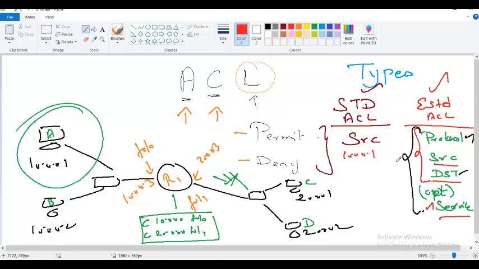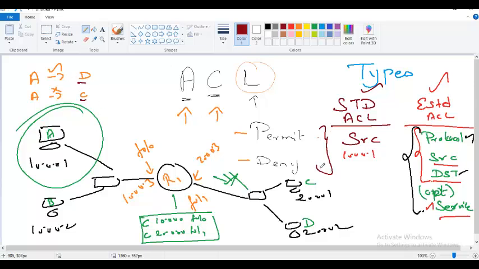But if you want to allow A talking to D, but A talking to C is denied, then you need extended access list. Why? Because I want to match the destination also.